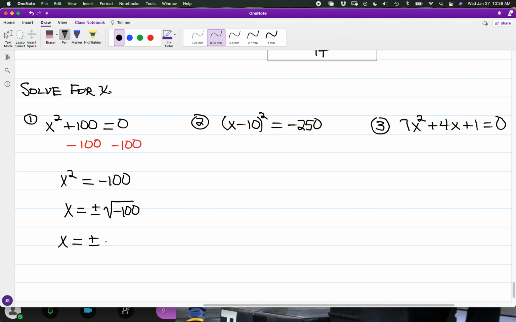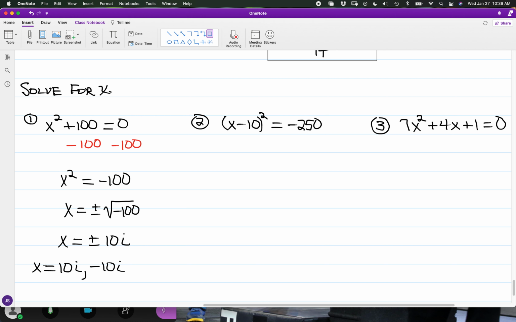And so for plus or minus the square root of -100, this will go to plus or minus 10i. So if you have a sum of perfect squares, what's going to happen here is that you're going to have the solutions be a couple where we have additive inverses, with the numbers in the complex domain.